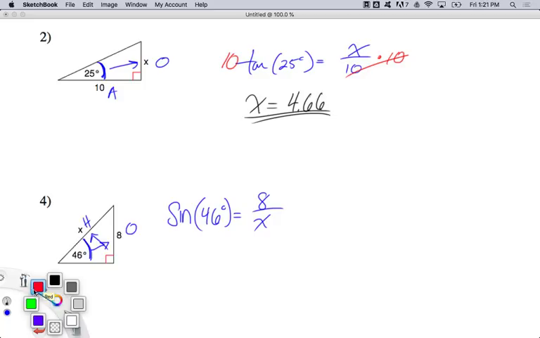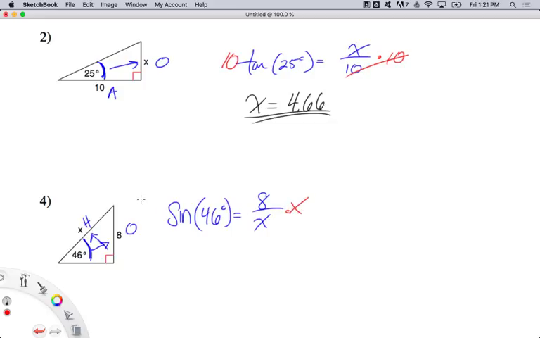What's the difference between this one and the previous one? X is on the bottom. Now, what you'll see by the end of this is that if I could just swap them, I get the answer. X will just end up being 8 over sine of 46. So if you get something like this, honestly, you can just swap them, bam, x equals 8 over sine of 46. But you can also do the algebra if you don't remember that.